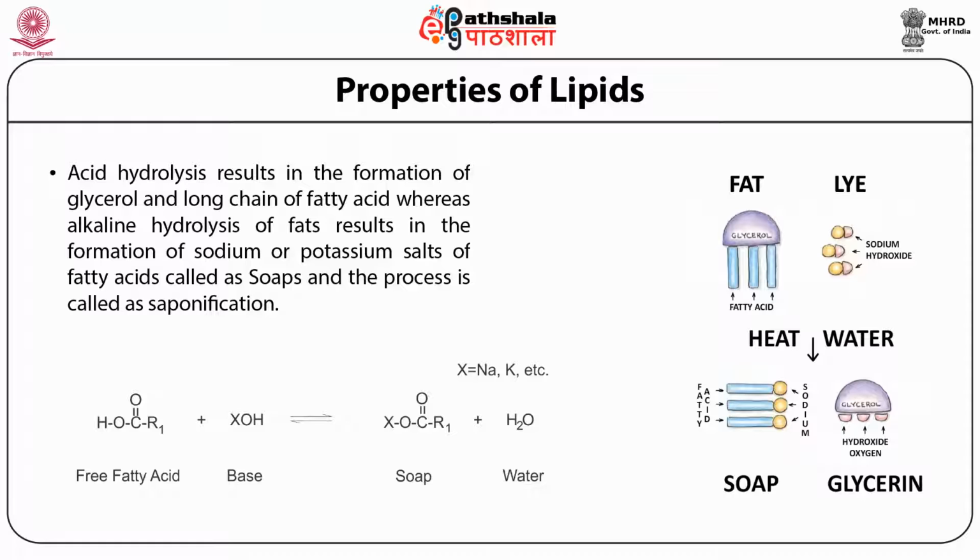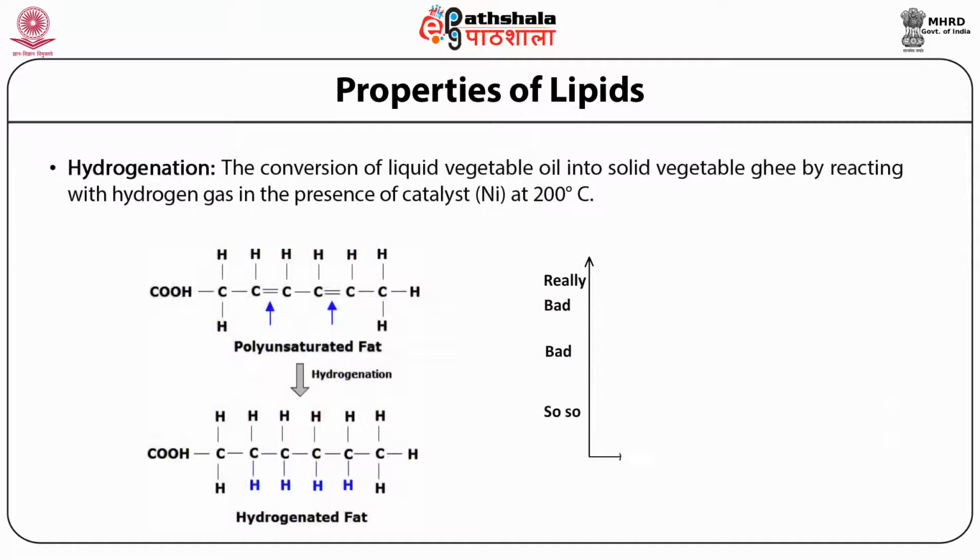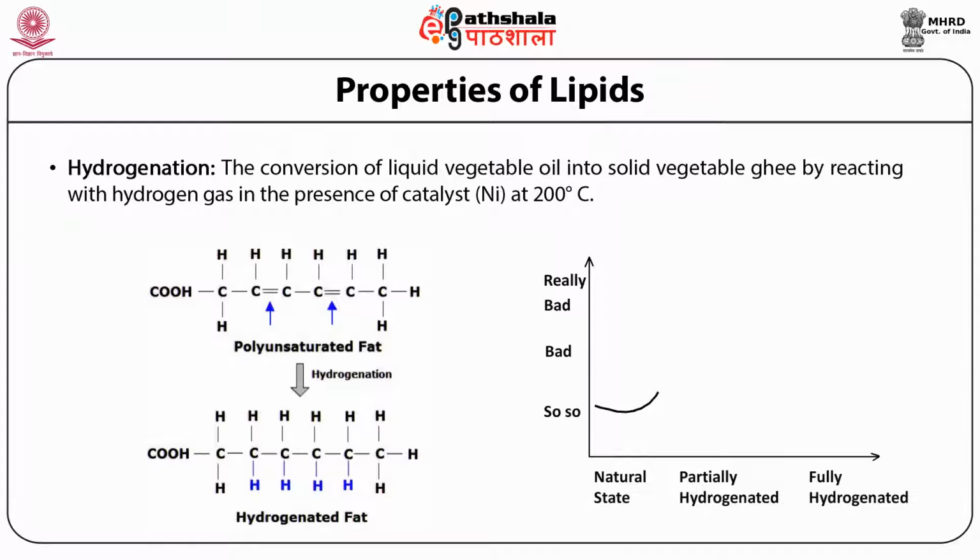The animated version shown here clearly depicts that fat or free fatty acid, when reacted with a base, results in the formation of soap plus the release of water. Hydrogenation is another important property of lipids.